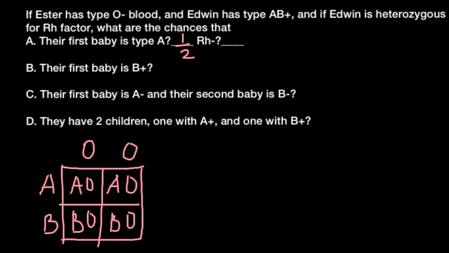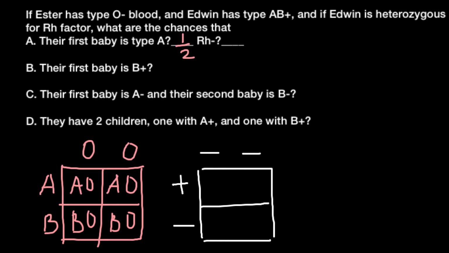So what do we know about the parents? Once again, we know that the mother is negative and the father is positive, but we also know that the father is heterozygous. So the mother is negative, so her genotype would be minus minus, and the father, being heterozygous, would be plus and minus. So once again we build a Punnett square, and now we can predict the outcome of such a cross.